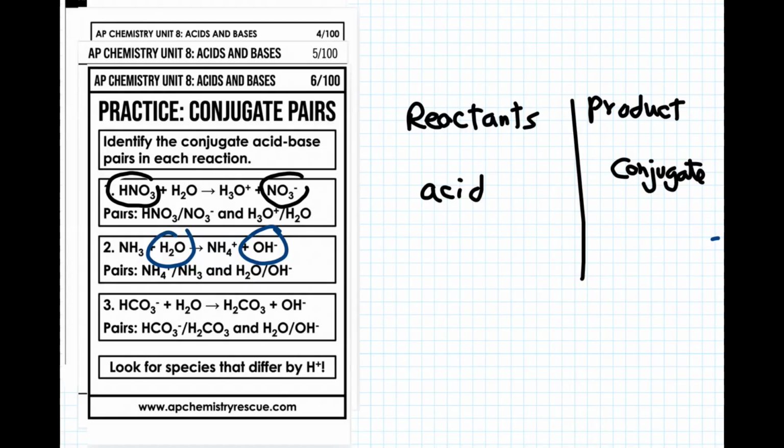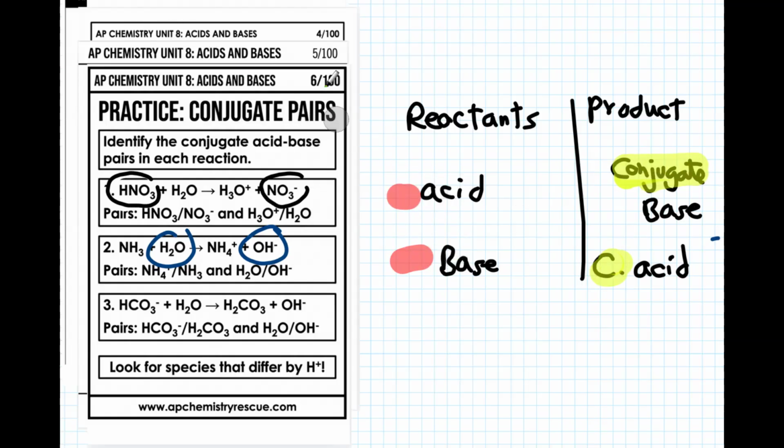The base, but I don't call it base, I call it conjugate base. If I have a base on the reactant side, what comes with it? The acid, and I don't call it an acid, it's called a conjugate acid. So if you have something on the right side, it's called conjugate. If you have something on the left side, it's not called conjugate, it's either acid or base only.